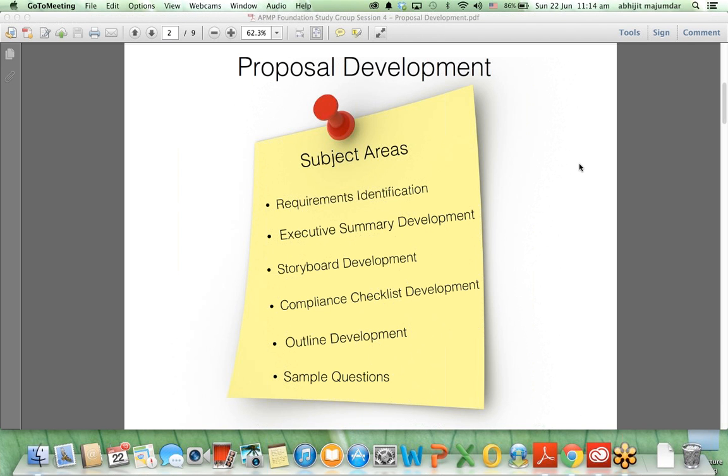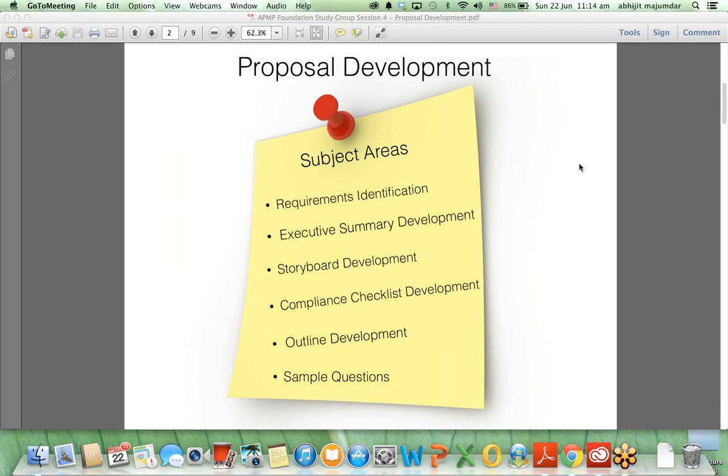So they also read through, or at least glance through, the executive summary, and then they get a confidence and feel, okay, this is something I need to see, this is what this company is all about. So they form an opinion.